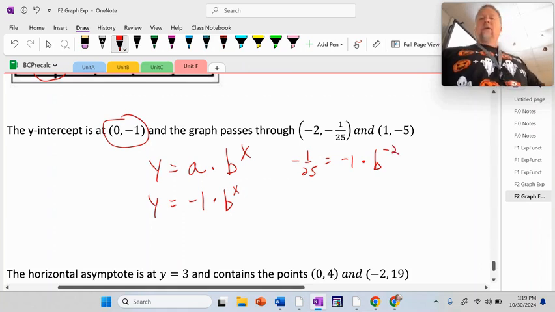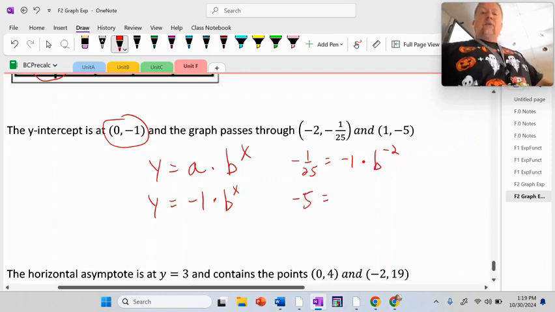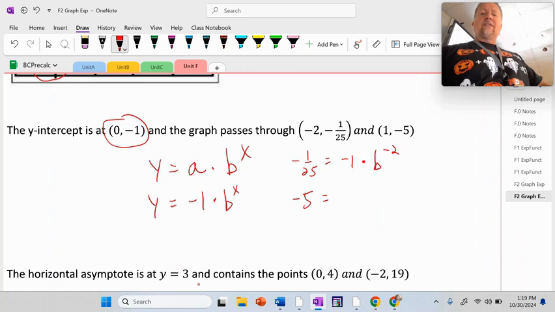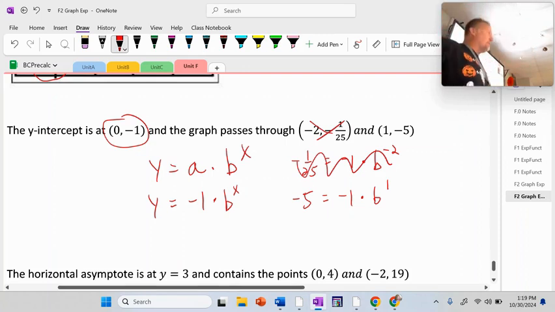It's going to be a little weird. And then, okay, then y -5 equals, that was kind of easy, actually. I don't know why they gave us this point, because it's -1 times b to the first, right? This is actually absolutely useless, because what is the b value?